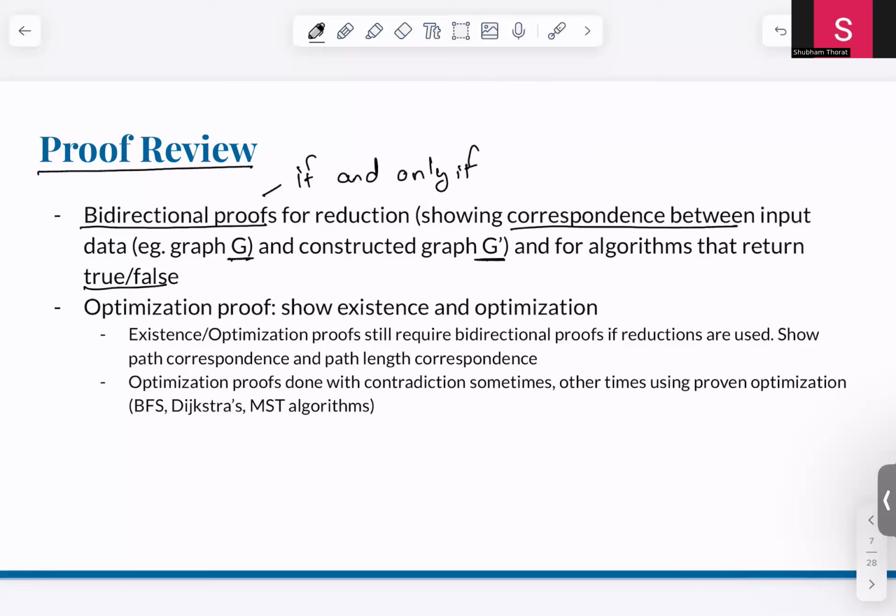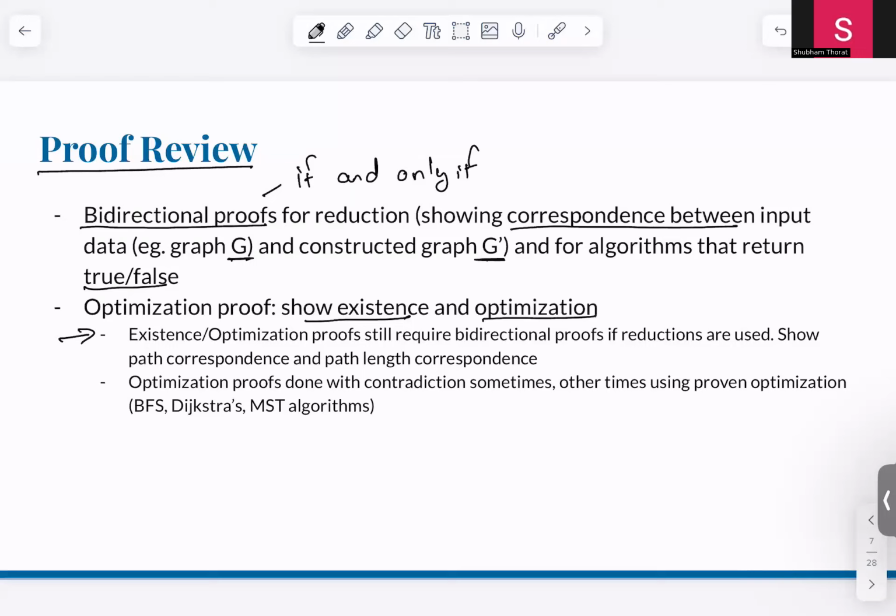Okay. And then we have another proving technique. It is this optimization proof. So in this optimization proof, we show two things, that is existence and optimization. So in existence, we show that we have a solution which satisfies all the properties that the problem statement is asking you for. So in this as well, we sometimes use a bidirectional proof, right?